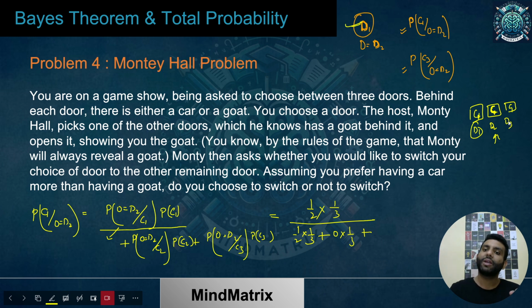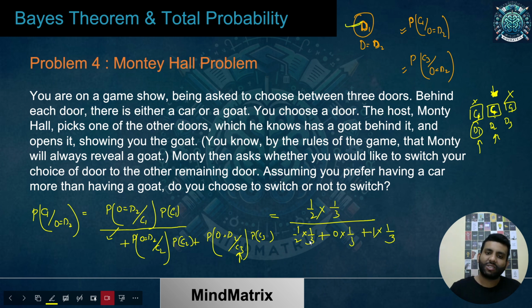What is the probability that he will open D2? The probability is 1. Why? Because he cannot open D1, the door you have already chosen. And he cannot open D3, since C3 is the case, that means door 3 has the car behind it. He cannot open the door with the car behind it. He has to open this only. So the probability of opening this one is 1 in that case. And then the probability of C3 is.